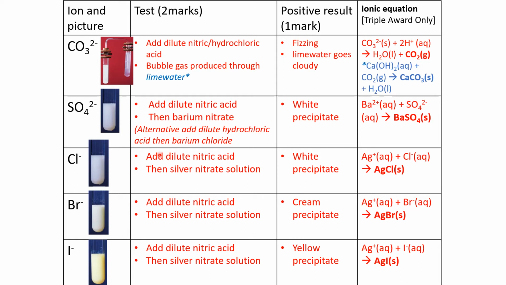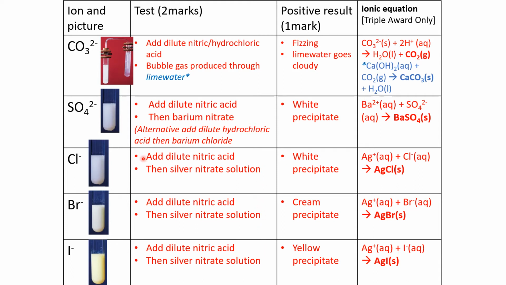Now it's the same for the rest of the other three reactions. It's quite nice because your group 7 reactions are all the same test, but they just have slightly different results, and the results actually, as you can see, get darker as we go down the group. That's one way you can remember it: white, cream, then yellow.